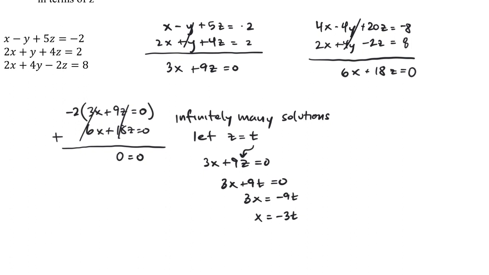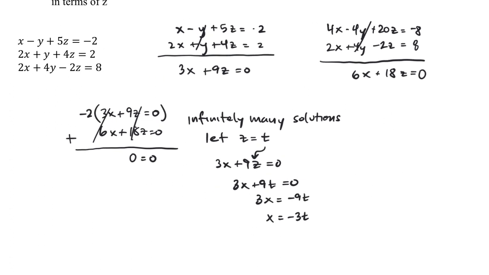So we have what z is equal to, we know what x is equal to, we're just missing y. So I'm going to take the middle equation from the original three equations, 2x plus y plus 4z is equal to 2, and now make the substitutions for x. And then for z, we substitute t.